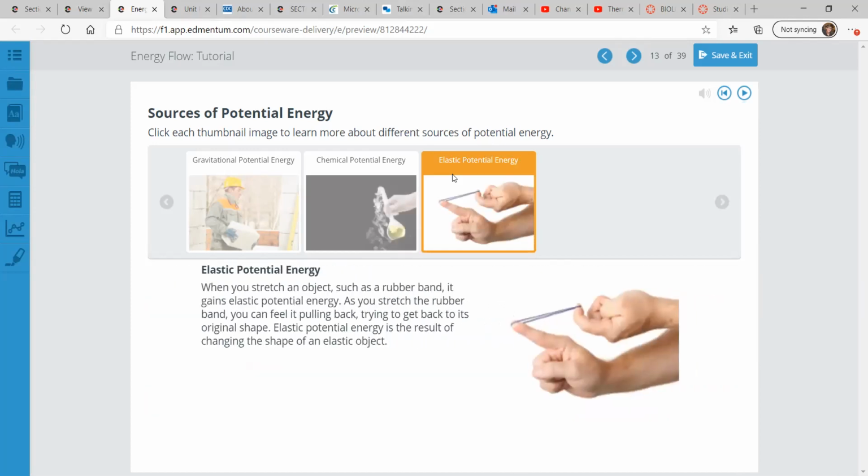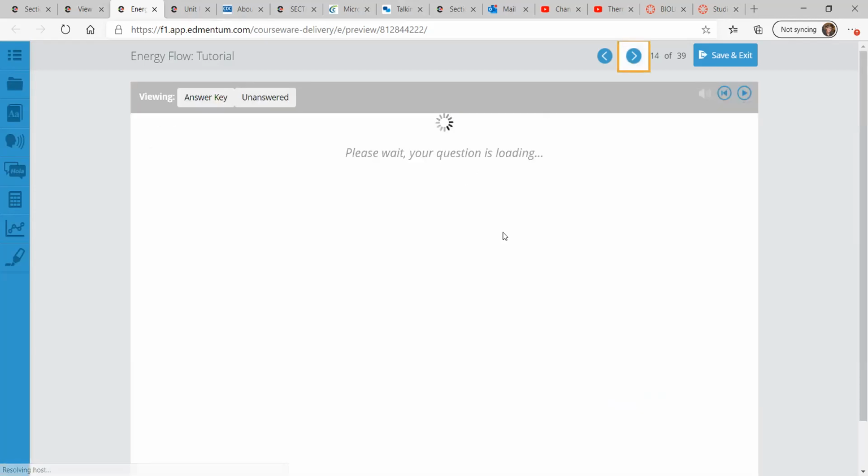Elastic potential energy, like a rubber band, when you stretch an object, it gains elastic potential energy. And as you stretch that band, you can feel it pulling back, trying to get back to the original shape. Elastic potential energy is a result of changing the shape of an elastic object.